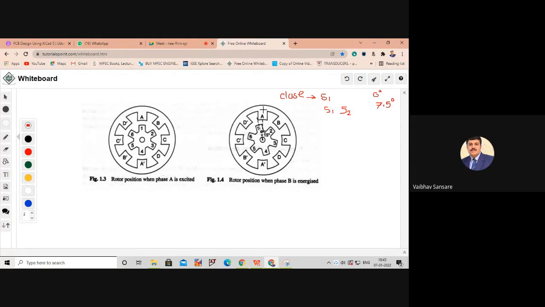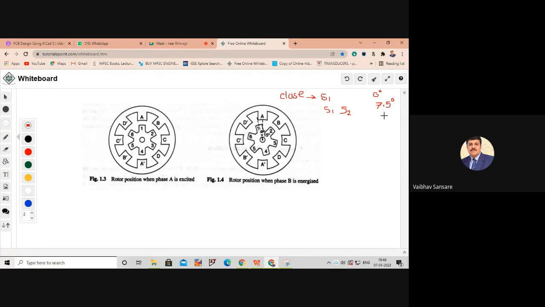Why is the equilibrium at 7.5 degree? Because both coils carry equal current, both coils generate equal magnetic field, and due to this the equilibrium is achieved when the position of the rotor is 7.5 degree in counterclockwise direction from its initial 0 degree position. Okay, so this is the new step.